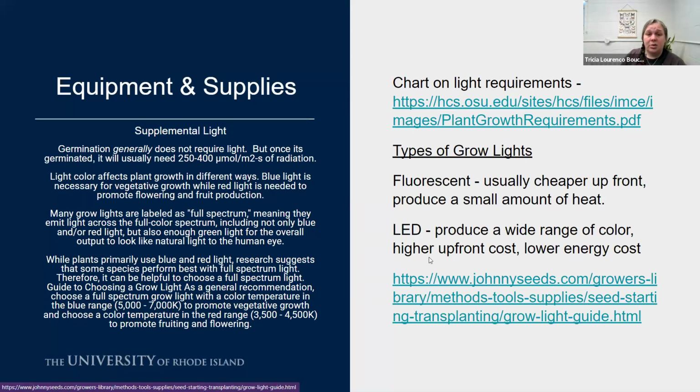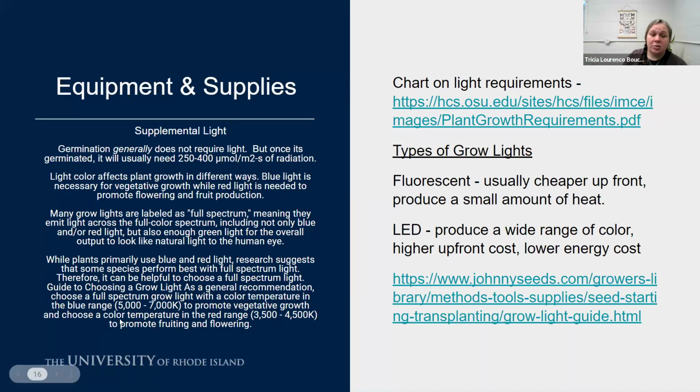And you'll find them in the red and blue light spectrums because that's what plants need in order to grow. So they make a purple glow, which is totally fine. You can also use a white light, which provides all of the spectrums of light. They'll all work. You need a radiation of 250 to 400 units, which if you're into that science stuff, you can look that up too.